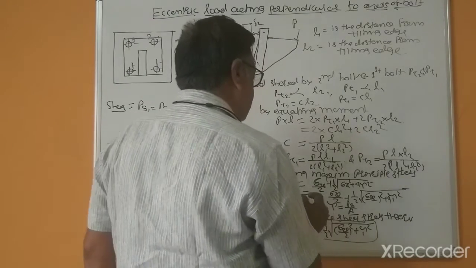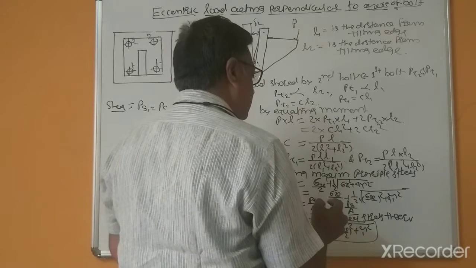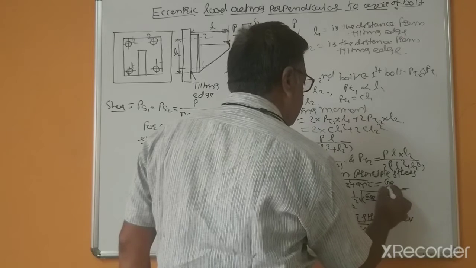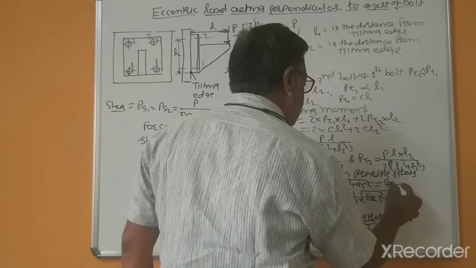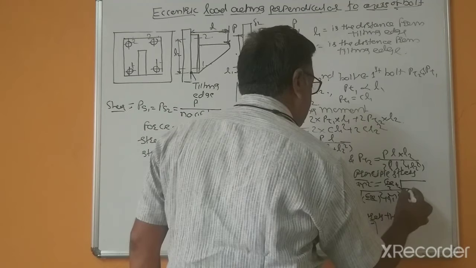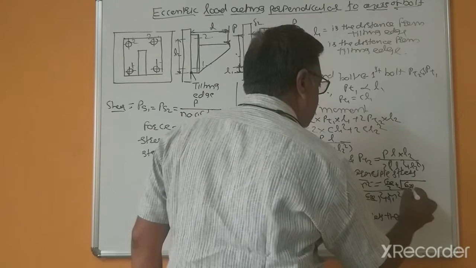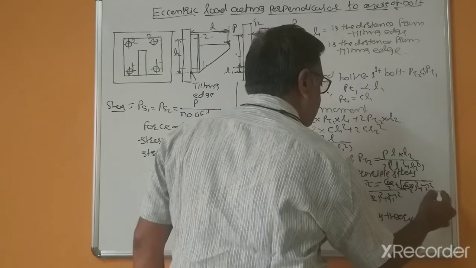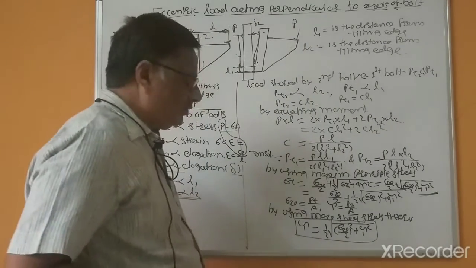Otherwise, sigma x divided by 2 plus the square root of bracket sigma x divided by 2 squared plus tau square. Use any formula.